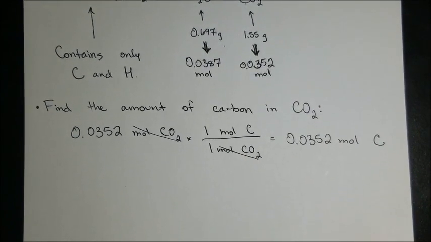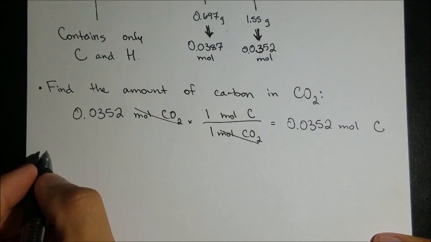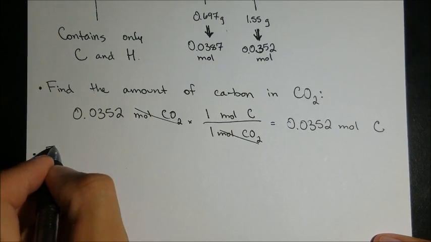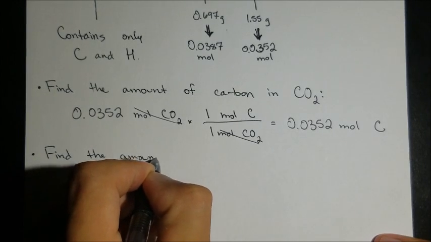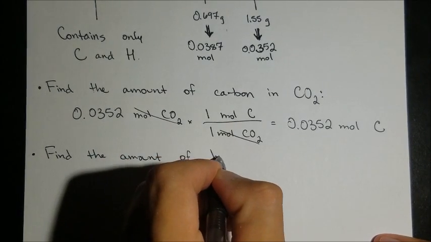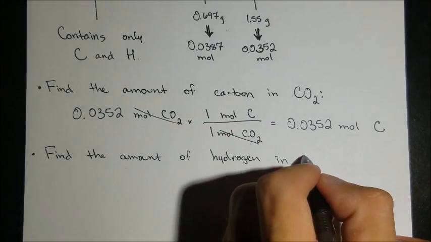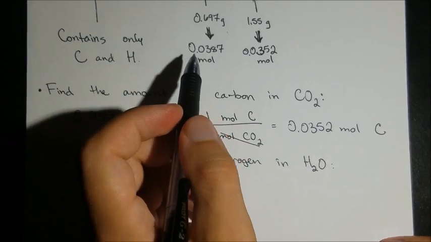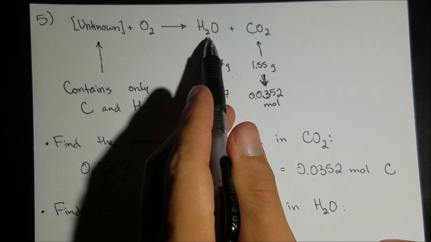Alright, so let me move up a little bit. Now we're interested in finding the amount of hydrogen in water. So we're looking at our products here, and the only place where we see hydrogen is in the water.